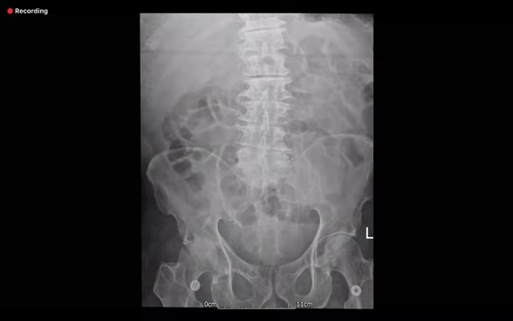Looking at the skeleton, the SI joints are unremarkable, and in the right hip there is reduced hip joint space and also increased sclerosis of the acetabulum and the femoral head. In my normal practice, I would look at previous radiographs to see if this is a new finding, given that the patient has a septic picture with pelvic pain. This is concerning for septic arthritis. Go to the next case, please.